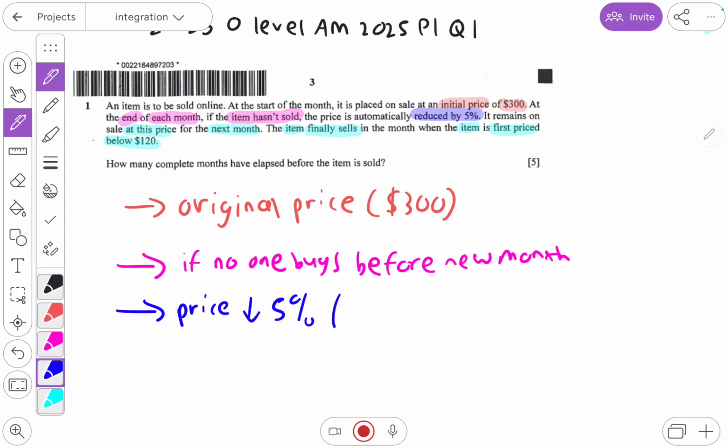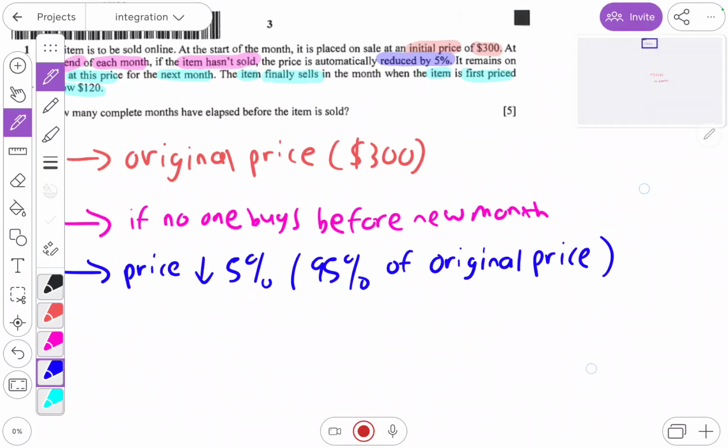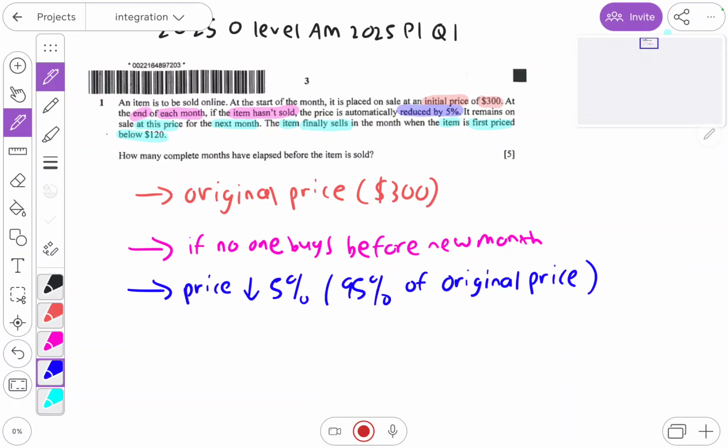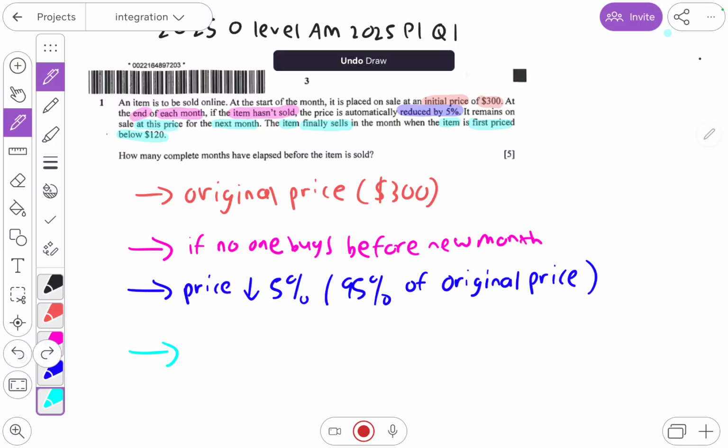This means that it will be 95% of the original price. Understand so far? Okay, so they say that it remains on sale at this price for the next month. What does this mean? This means that this 95% of the original price remains.